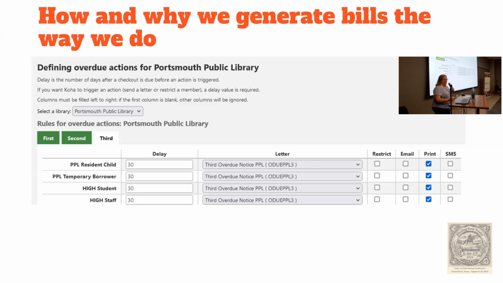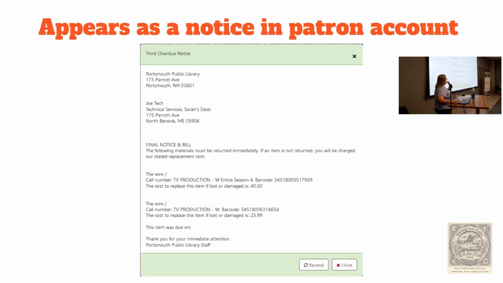So we wanted to generate a print overdue notice, and we want to be able to see this in the patron account. As far as I can understand, you can, right? Correct. Okay. So if you want your frontline staff to be able to say, well, yes, we did send you a letter and this is what it said, we want this to be visible.